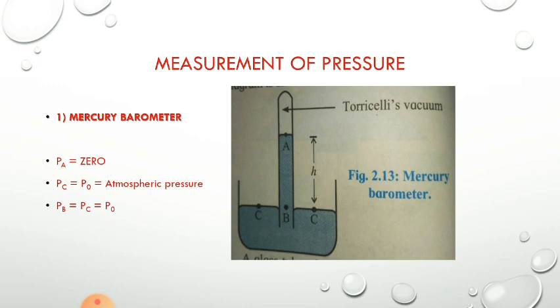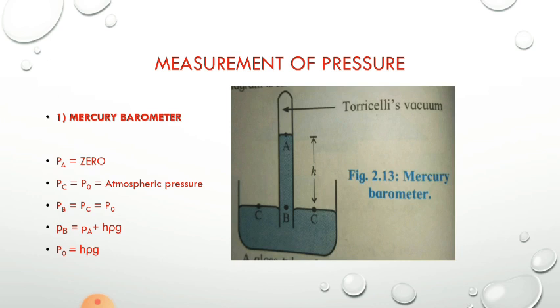Suppose the point B is at a depth h below the point A and rho is the density of mercury. Then we get the equation that we derived in the previous video: Pb is equal to Pa plus h rho g. Now the atmospheric pressure P0 is equal to h rho g, since the value of Pa is 0.